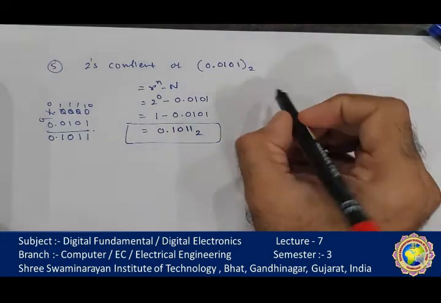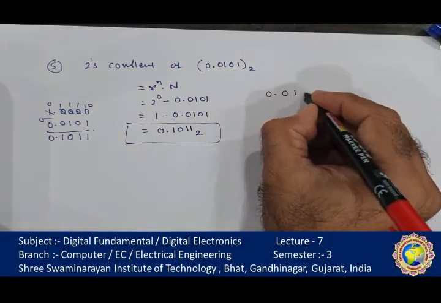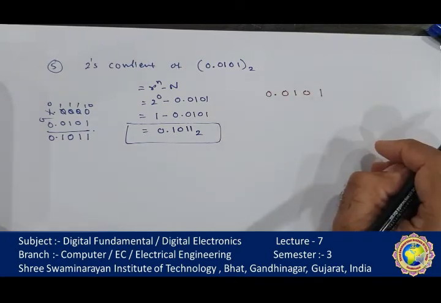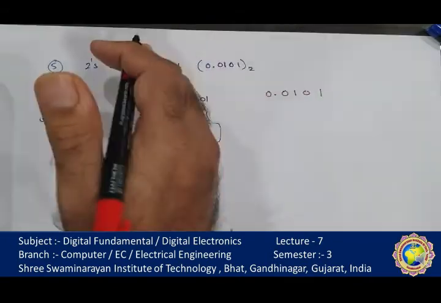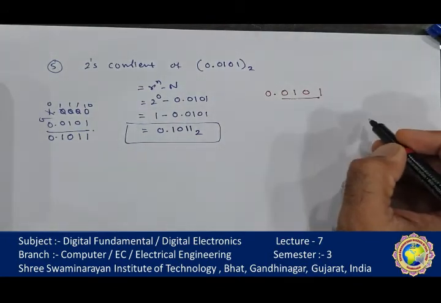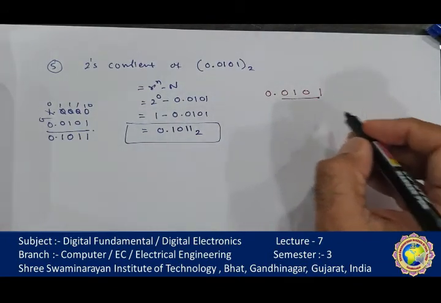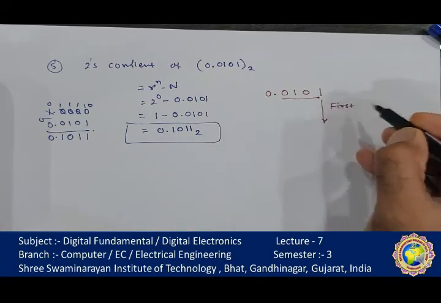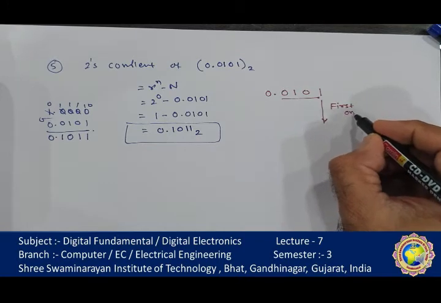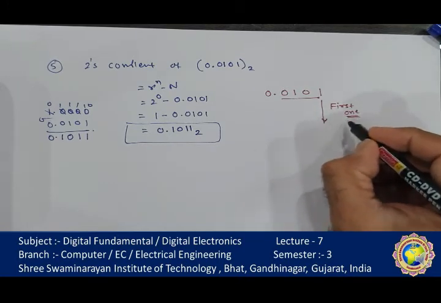Let us take the shortcut way. 0.0101. So here we have to consider only this much part. The first bit, the first one, is unchanged.